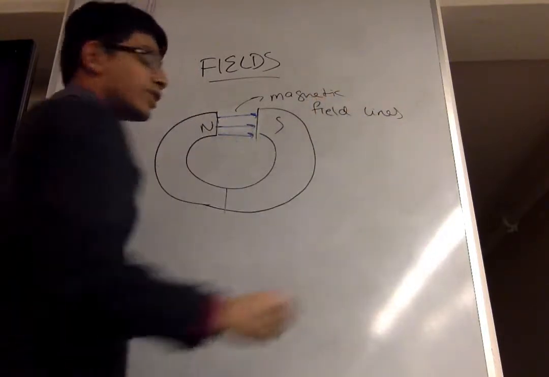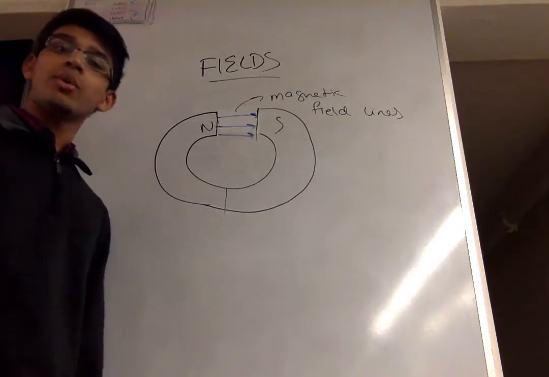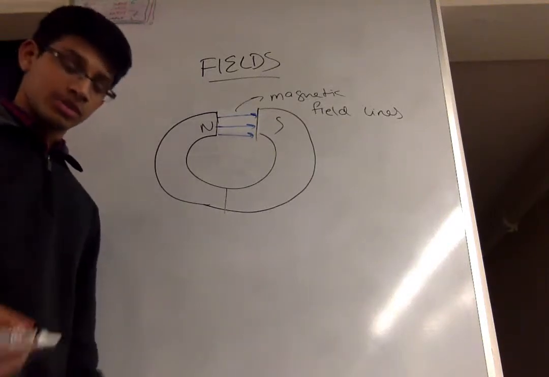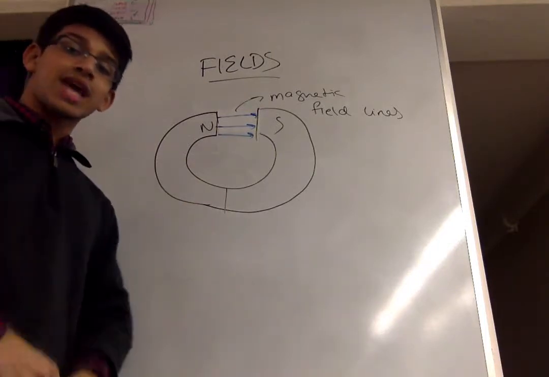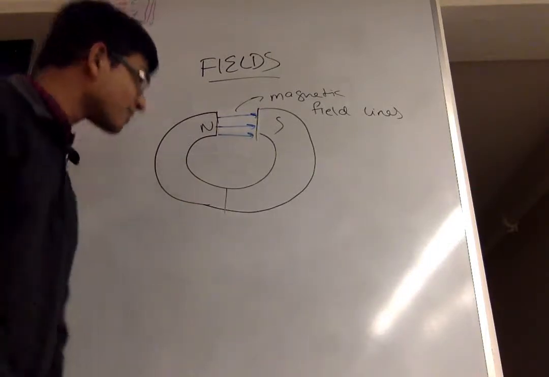They're just a convenient geometrical way of representing the magnetic field, and it's an easy and neat way to kind of wrap our heads around this abstract concept of a force field.